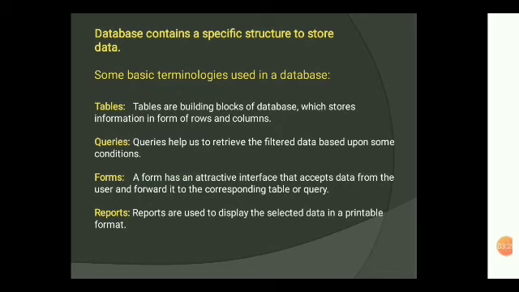Next is queries. A database stores a vast amount of data, but queries help us to retrieve the filtered data based upon some conditions. Queries are also used to perform actions such as delete, update, etc. on the data based upon some conditions.